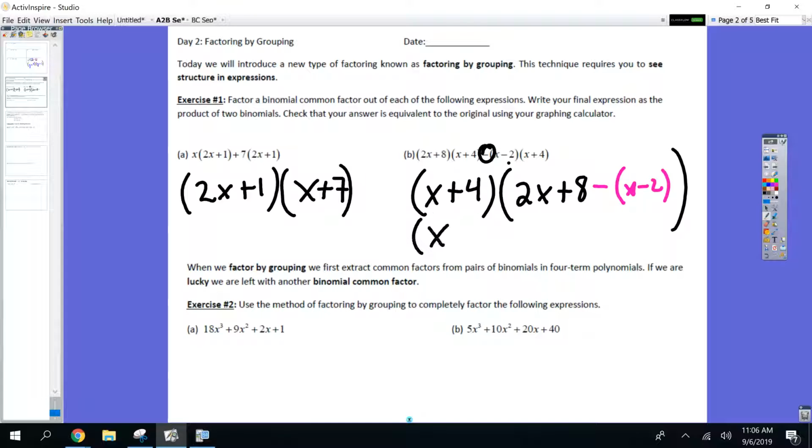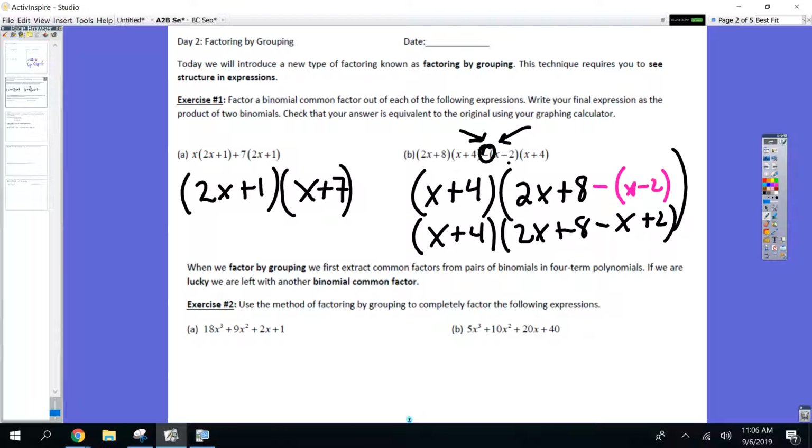So I'm going to end up with X plus 4. What happens when I apply it to the X minus 2? It becomes minus X, but not minus 2, plus 2. And then I want to combine my like terms inside. Okay? So you have to watch out for that minus sign.